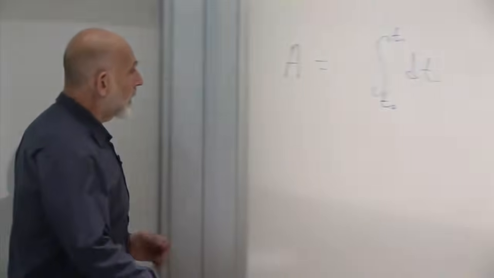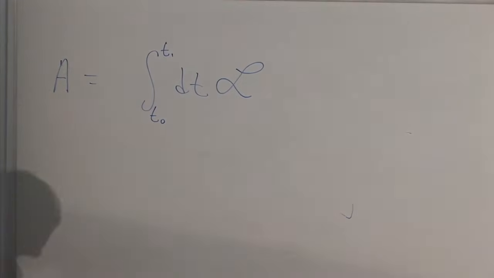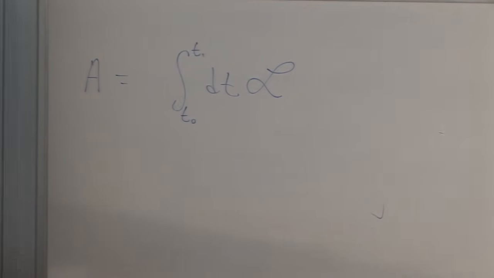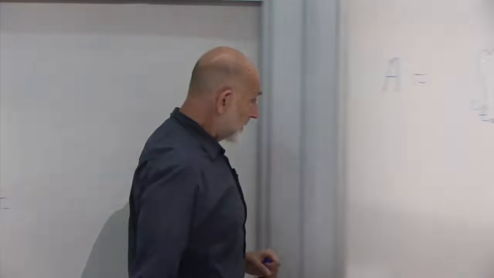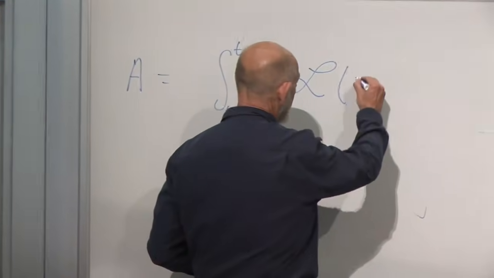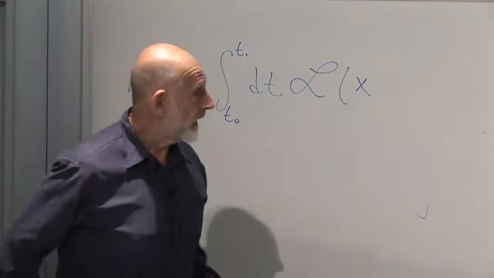What is that thing? We're going to call it L, the Lagrangian. What does it depend on? At every point along the trajectory, it depends on the position along the trajectory, and it depends on the velocity along the trajectory, x dot.